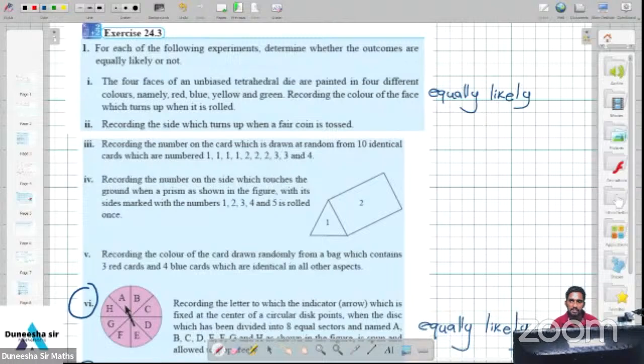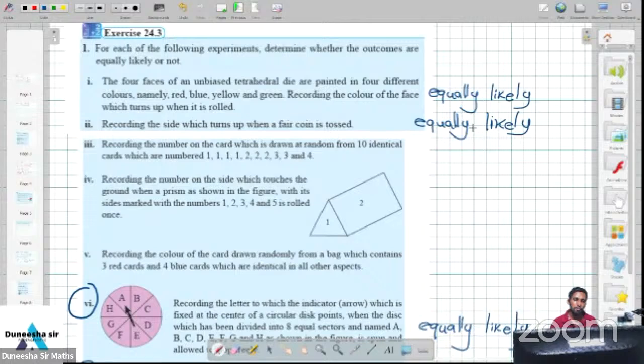What is the answer? Same or not? Yes, they are the same. It's equally likely. Okay.